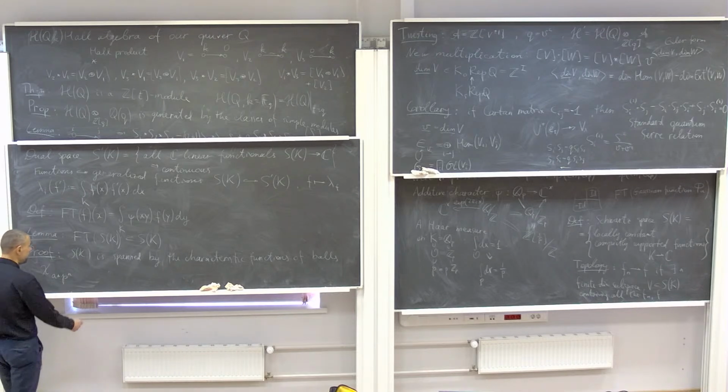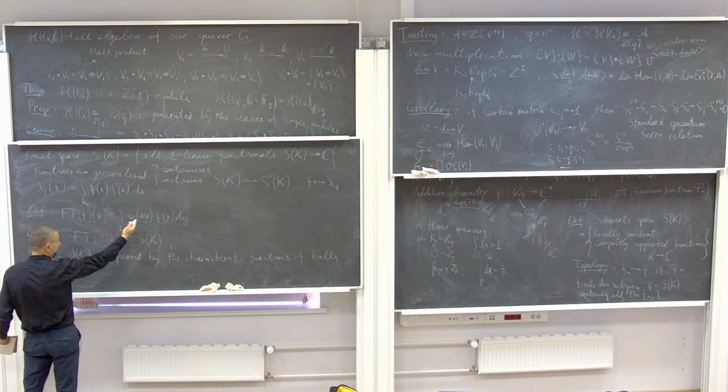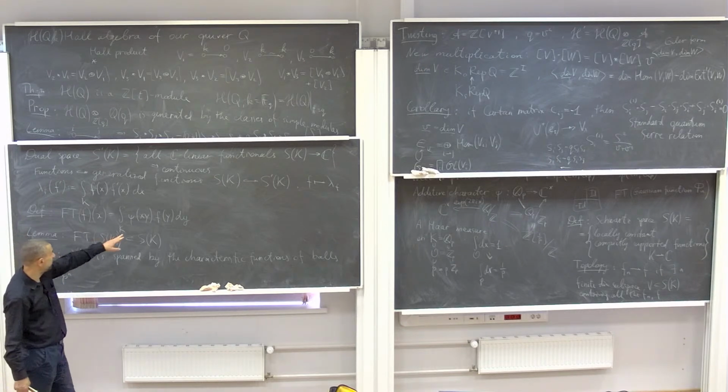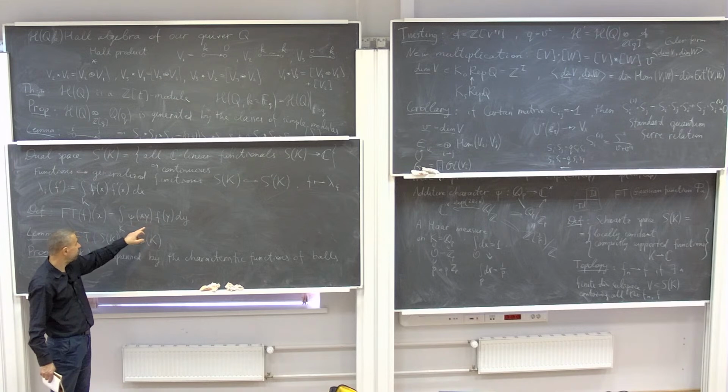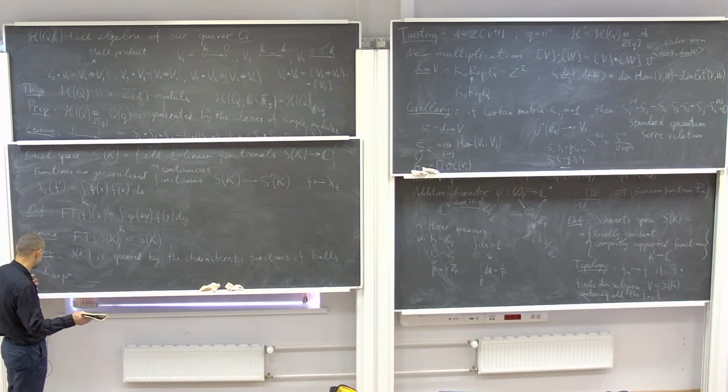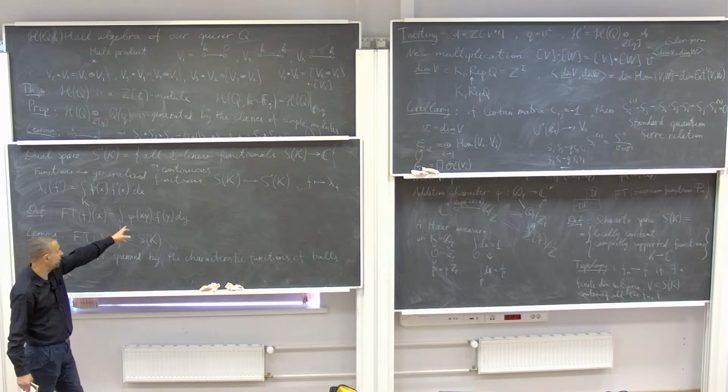Just by this formula, you immediately see that translations give rise to multiplications by some characters, and dilations give rise to dilations here.